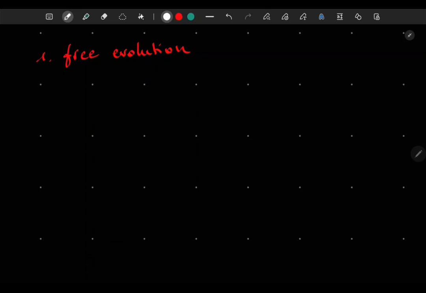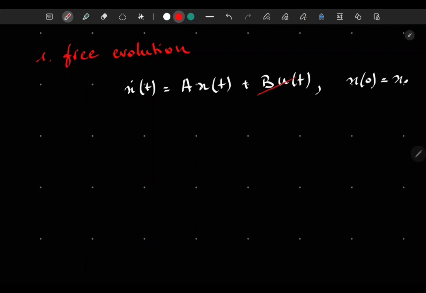So the system we are considering, which was x dot equals A times x plus B times u, for x starting at x naught. Well, in this case, we'll neglect the effect of the inputs.